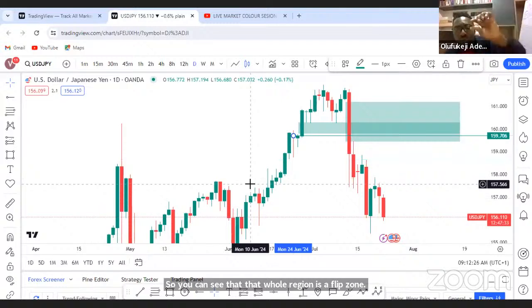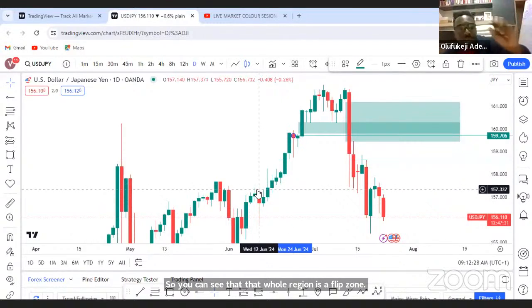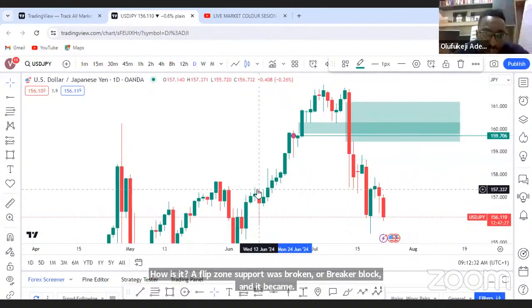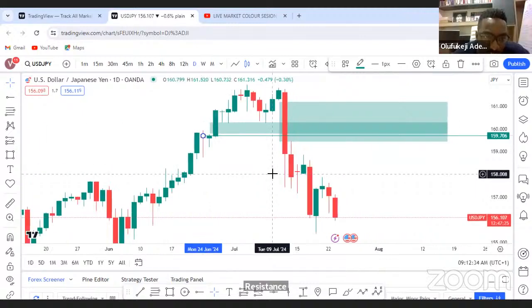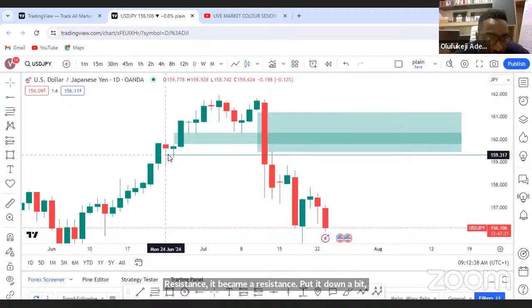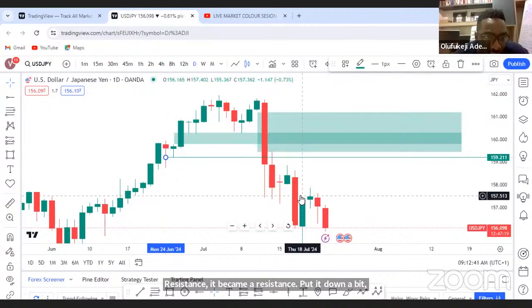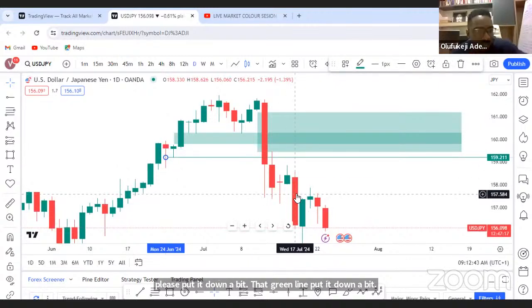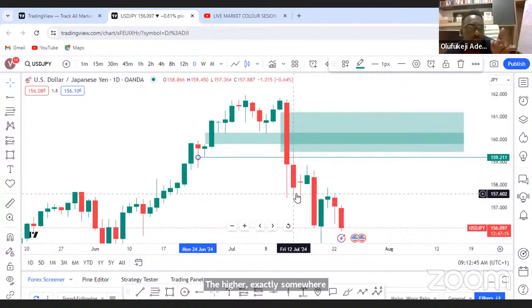Support was broken, or breaker block, and it became resistance. Pull it down a bit, please. That green line, pull it down a bit. The high of exactly somewhere there. So somewhere around there, a previous support was broken and became a resistance. So that's a flip zone.